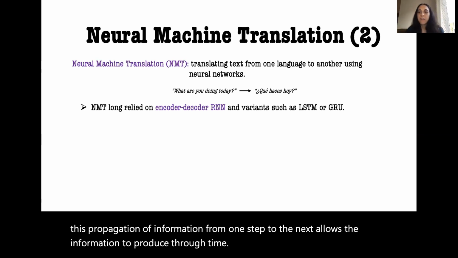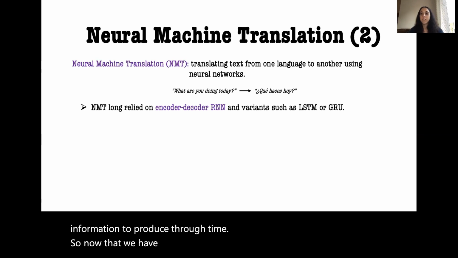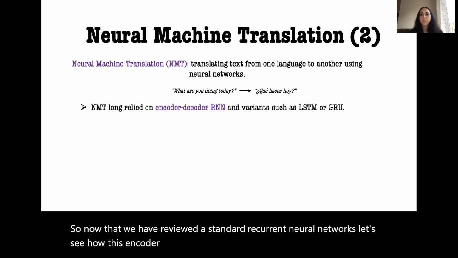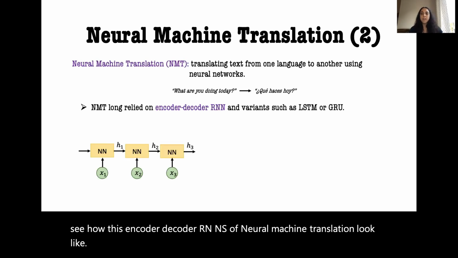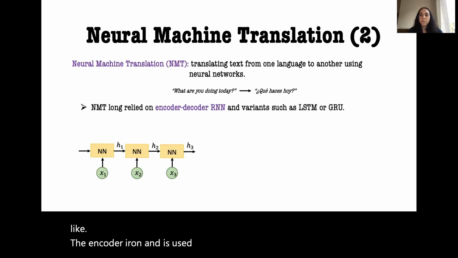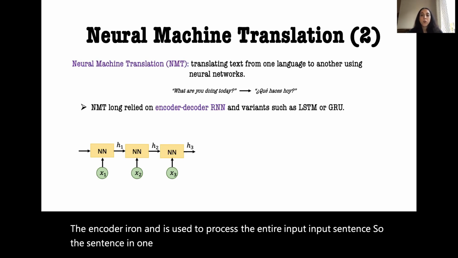So now that we have reviewed standard recurrent neural networks, let's see what these encoder-decoder RNNs of neural machine translation look like. The encoder RNN is used to process the entire input sentence, so the sentence in one language, and it encodes it into a fixed length vector.